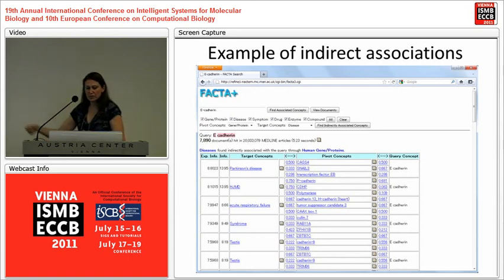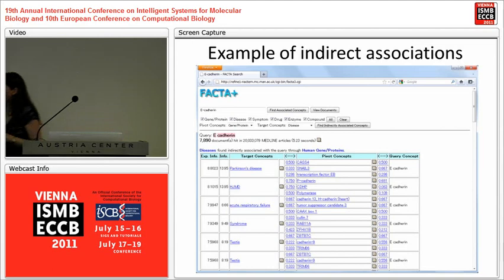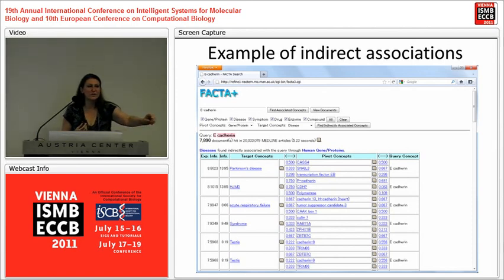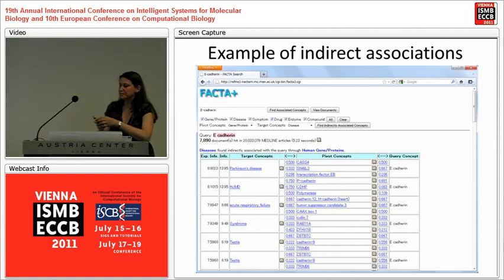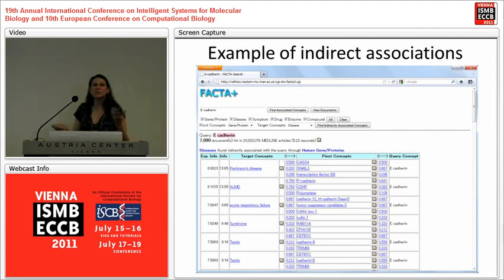On the top, do we have any? I cannot show. So here, for instance, you can specify that it's not only genes on the pivot and the target concepts, but you can specify the different 6 biomolecular concepts. In this case I put gene, protein and disease, but you can put, for instance, symptoms or enzymes and so on.